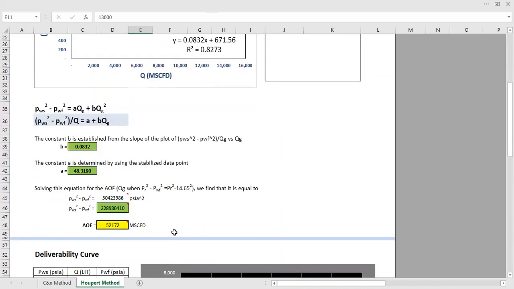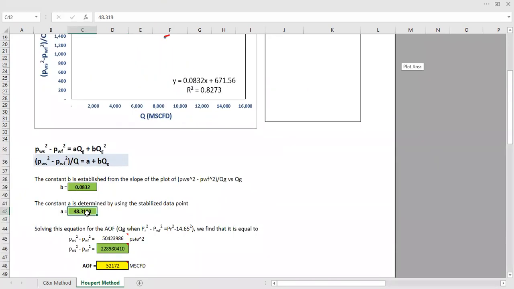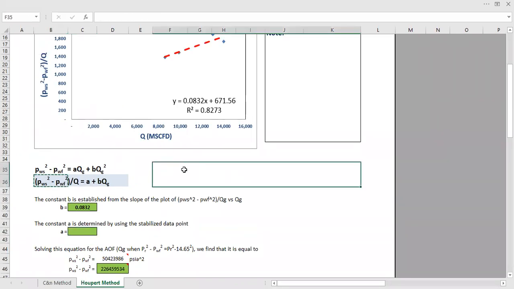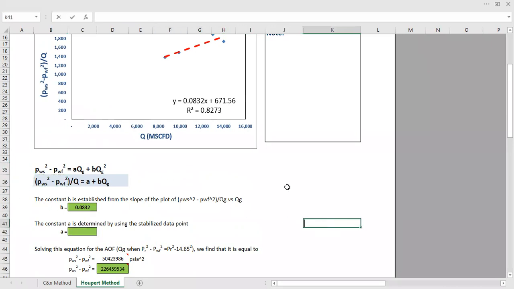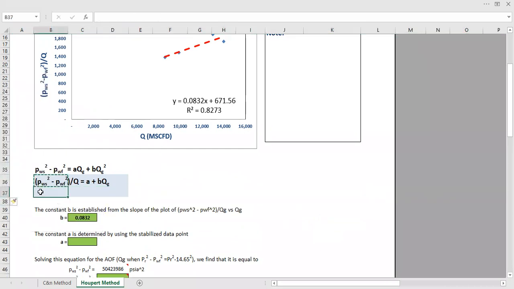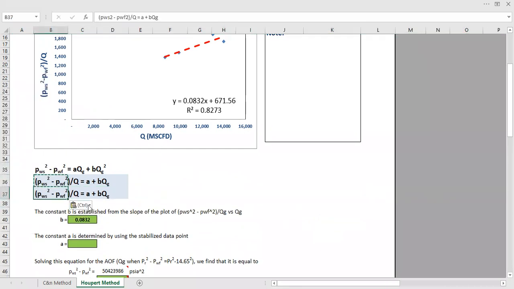So yeah, we need to calculate that part first. And we can calculate that by using this step. So if we copy, or maybe I make another row like this, and let's say I just copy and paste.